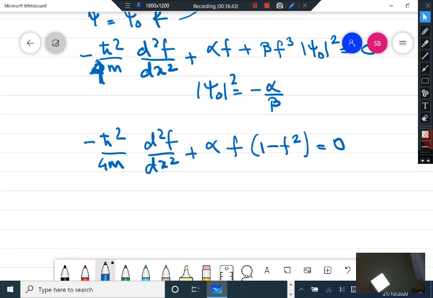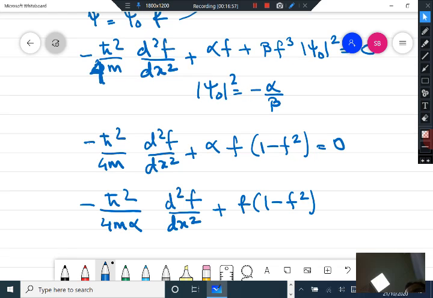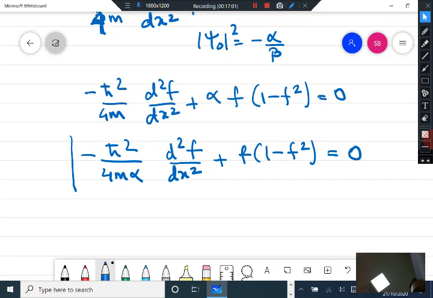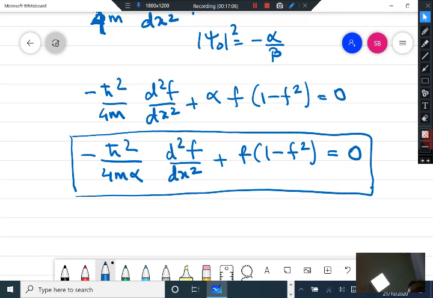Or you can rewrite this as minus h cross square by 4m alpha d square f by dx square plus f into 1 minus f square is equal to 0. This is one equation. So we are basically trying to solve this differential equation as it approaches the boundary.